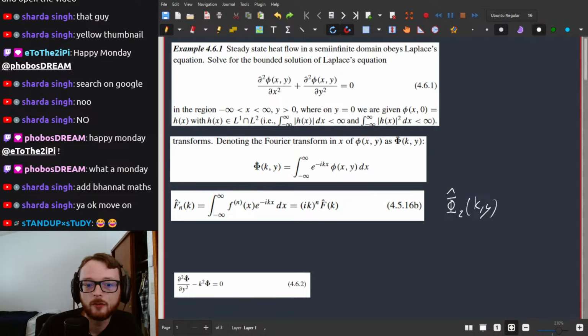And that means we need to find the Fourier transform for the second derivative of phi. And so I'm using that formula there.